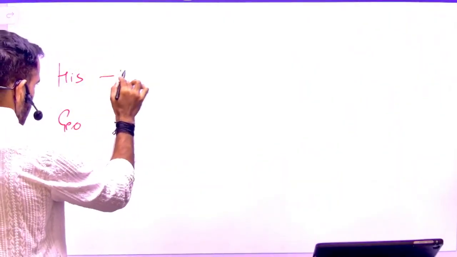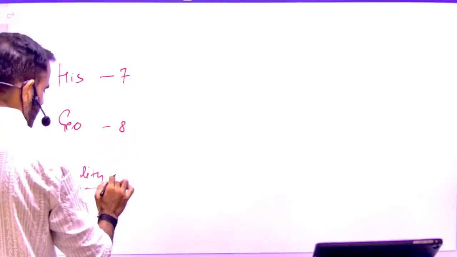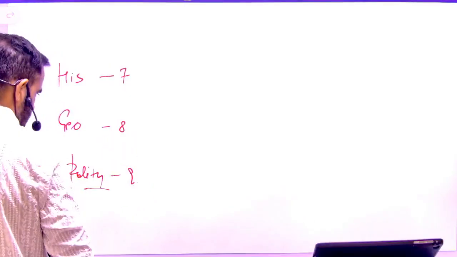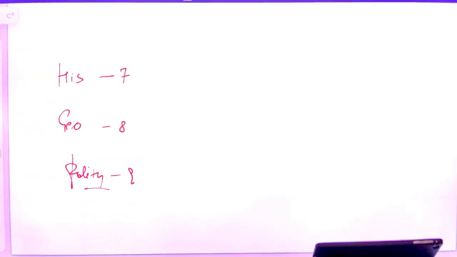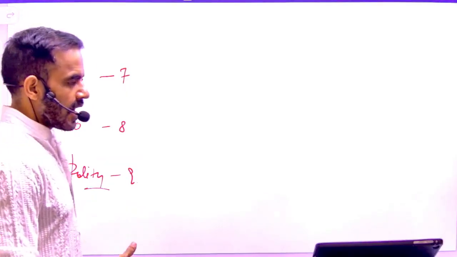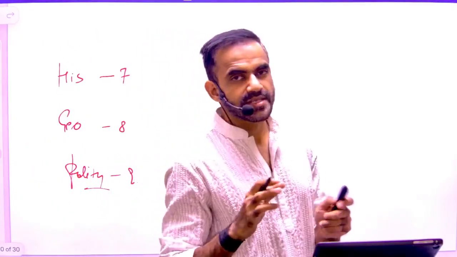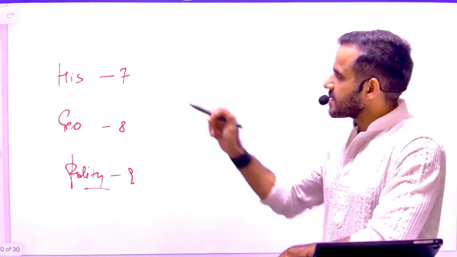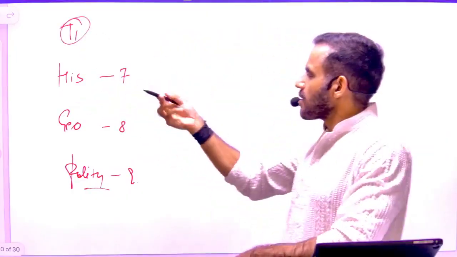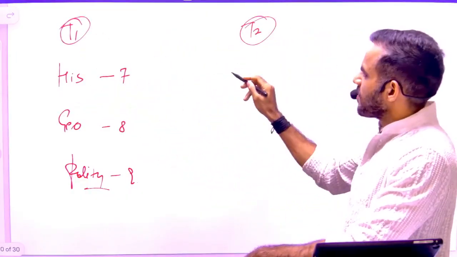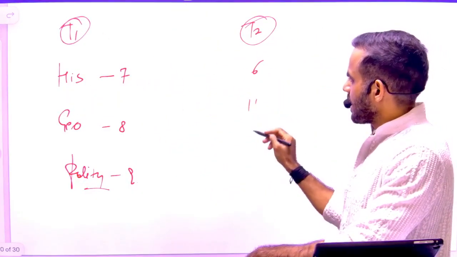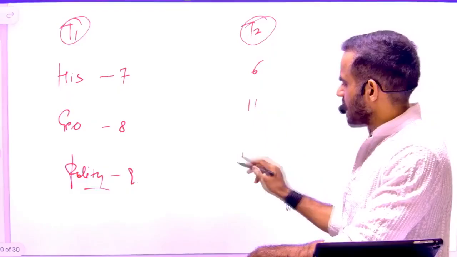Now the scores in history, geography and polity were like this, let's say out of 10 marks, or you can consider it out of 20. Let's say this was the performance in test 1. Now let's say in test 2 the performance was 6, 11 and let's say 8.